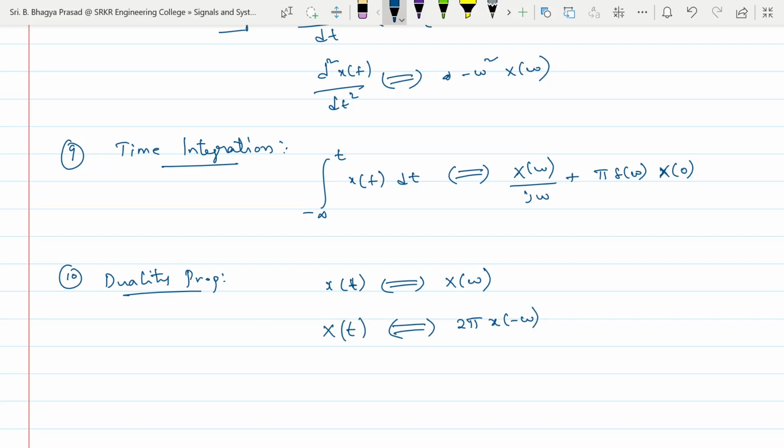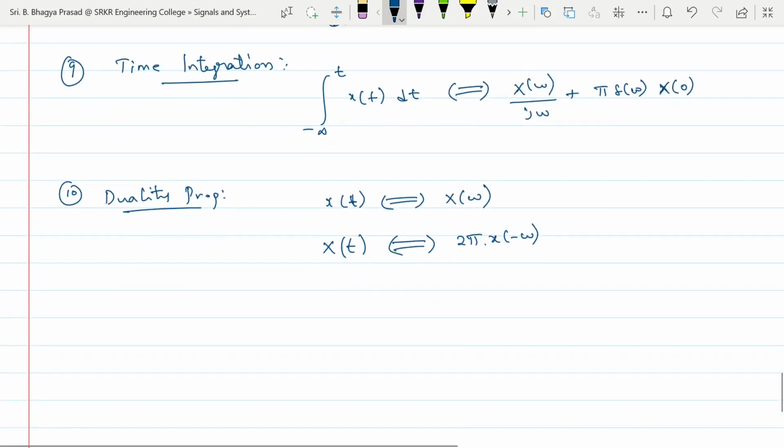We know that x of t has Fourier transform x of omega. If this x of omega is a signal in the time domain, capital X of t, we can find its Fourier transform with the help of x of t, by substituting minus omega in place of t, with the factor 2 pi, that is 2 pi x of minus omega.